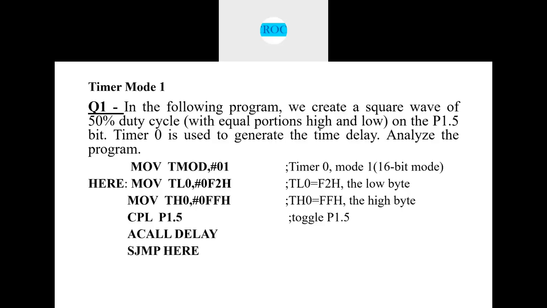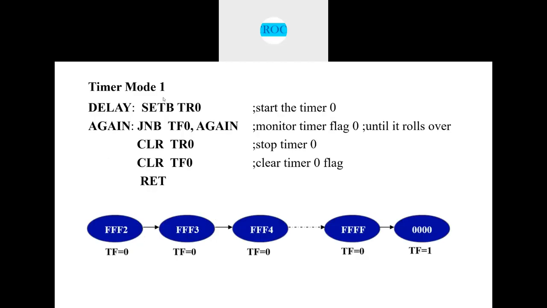And whenever it comes out of that loop, what will happen? Again these two registers are initialized with the initial value. Again you say complement P1.5, so that P1.5 will be set to 0 now. For how long will P1.5 be 0? Till you come out of this subroutine, the delay function you have returned from.